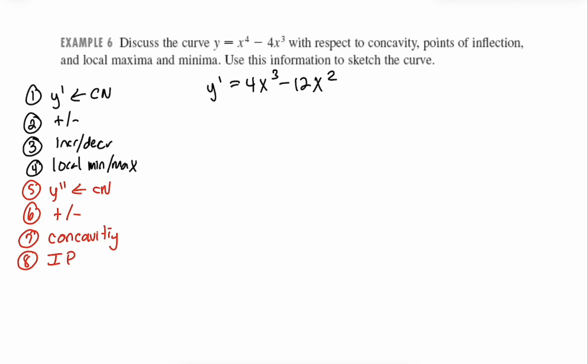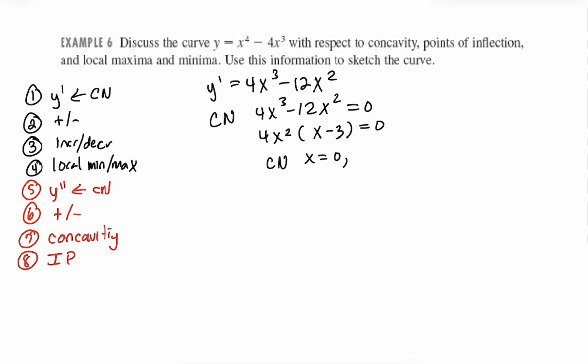In this particular case, our critical numbers are always defined because it's a polynomial. So we just have to set that equal to 0 and see what happens. It is a factorable quantity. We can take out a 4x squared. If we factor out a 4x squared, we're left with x minus 3. So our critical numbers happen at 0 and at 3.